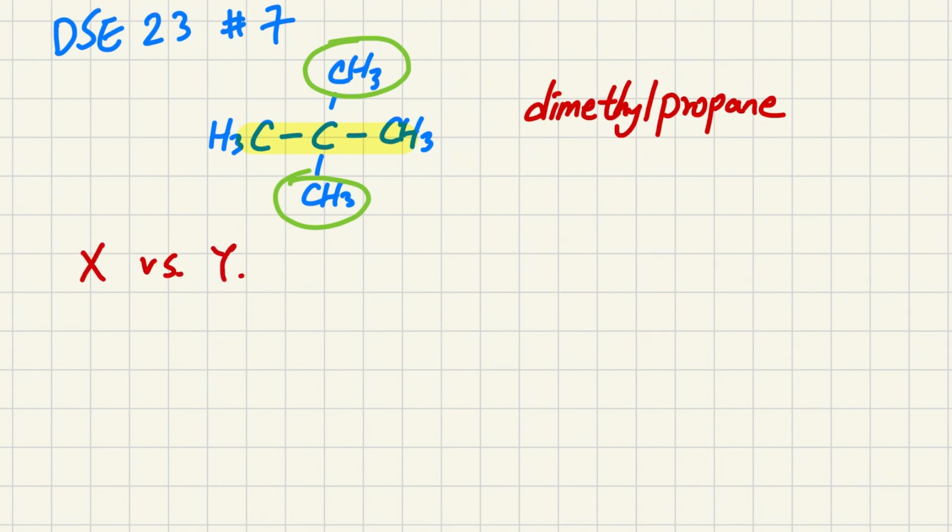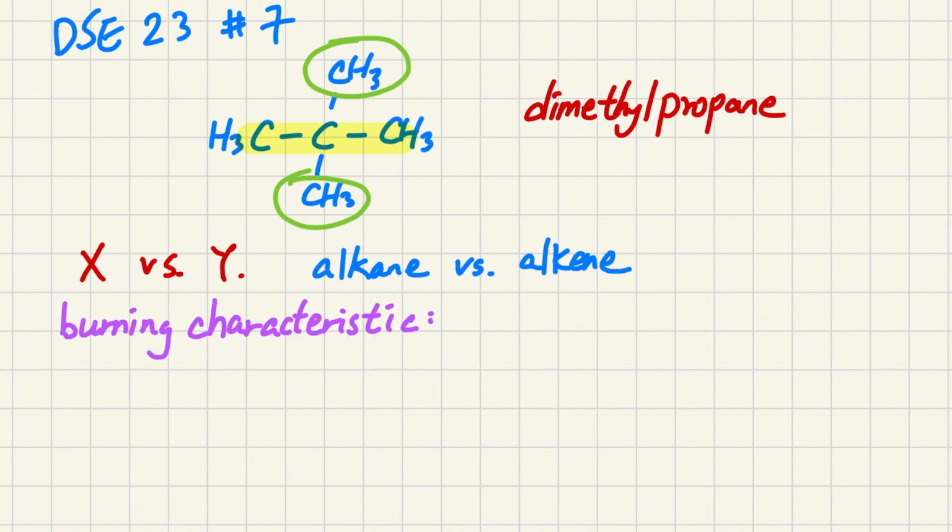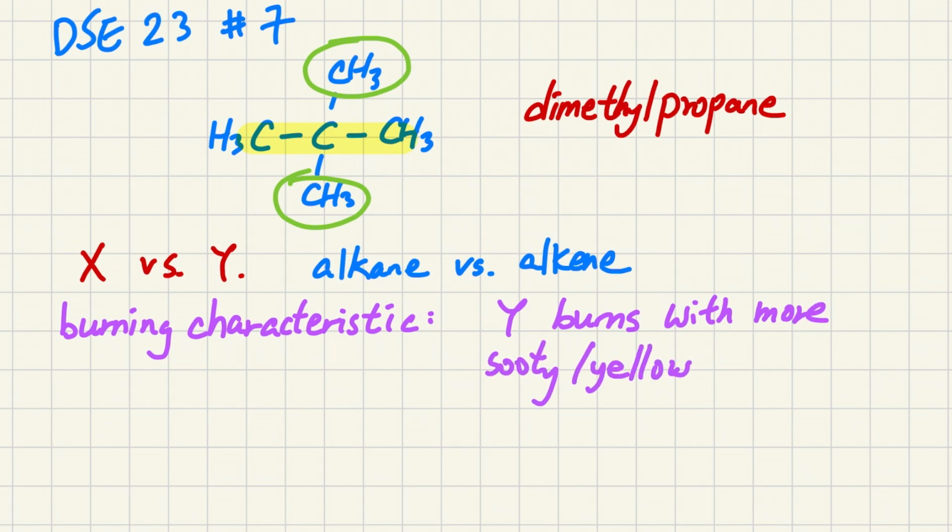So if we compare both X and Y, that is the alkane versus alkene, because molecule Y contains a C=C double bond, which is an alkene. The burning characteristic will be that Y will burn with a more sooty or yellow flame.